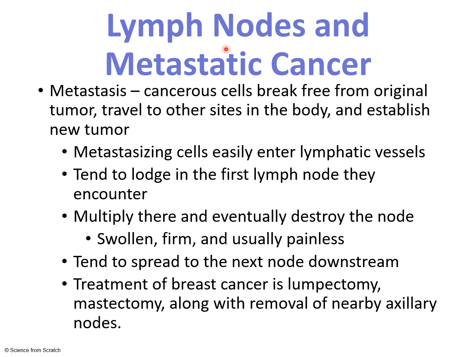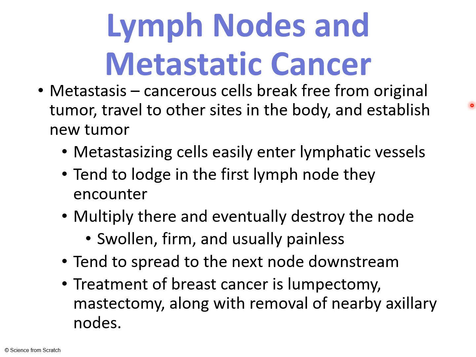And so when lymph nodes become cancerous, that can be very dangerous because of the anatomy of the lymphatic system. Remember that metastasis is when cancerous cells break free from the original tumor, and they will travel to other sites in the body, and they can establish a new tumor in that secondary location.